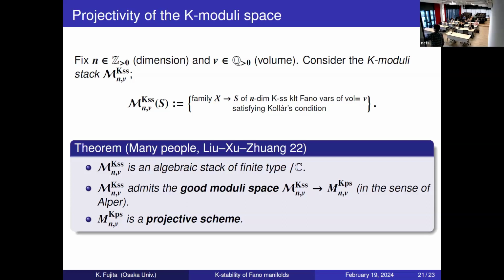And the algebraic stack admits the good moduli space in the sense of Alper. That is, there is a morphism from this algebraic stack to an algebraic space denoted by M^KPS, such that the morphism is cohomologically affine, and the push forward of the structure sheaf of the left hand side is the structure sheaf of the right hand side.